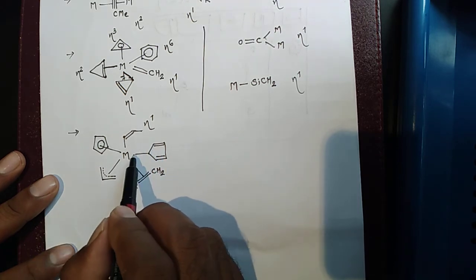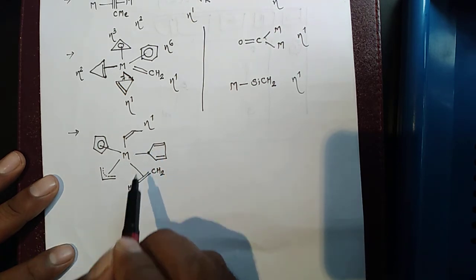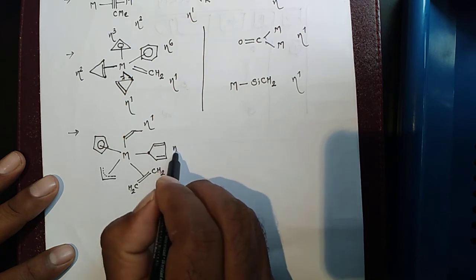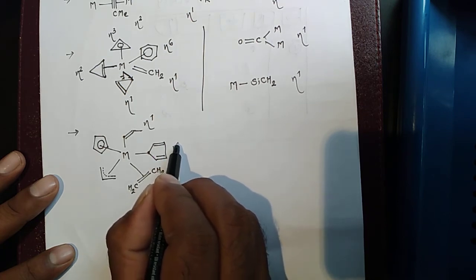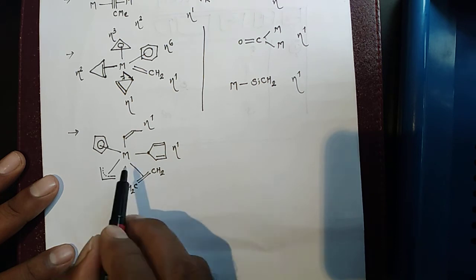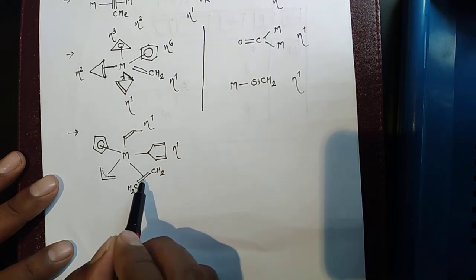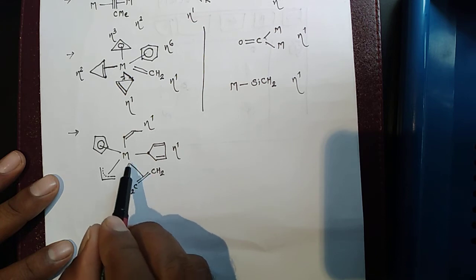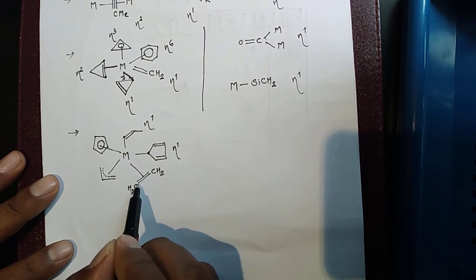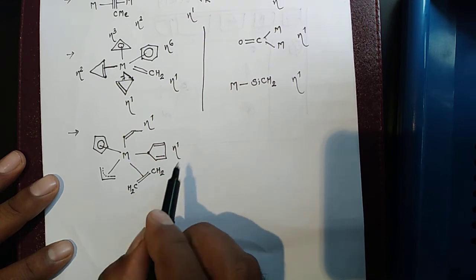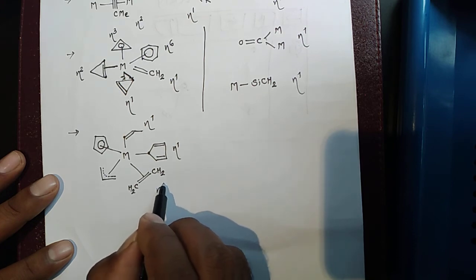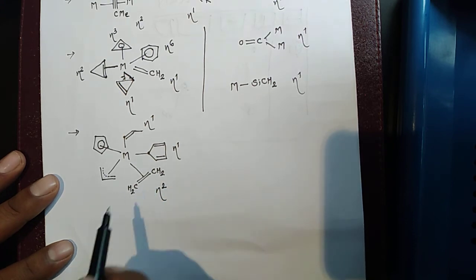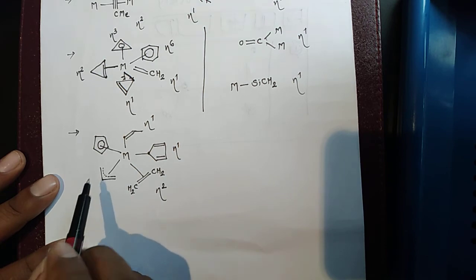Here the metal is directly attached to the double bond, which is in between two carbon atoms. So in short, the metal is directly attached to these two carbons, which means the hapticity is 2 for this ligand. What about here?